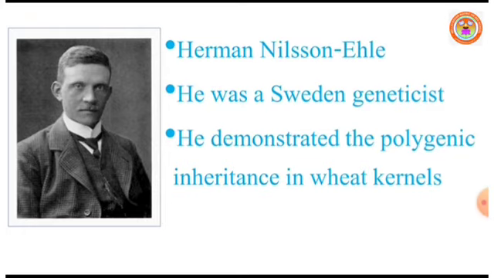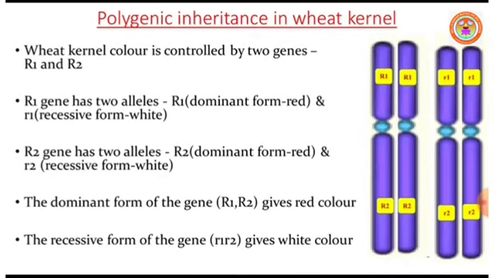He crossed two pure breeding varieties of wheat: dark red kernels and white. He denoted the dark red genotype with capital R. Each character, that is the red color of the wheat kernel, is controlled by two genes, capital R1 and capital R2.